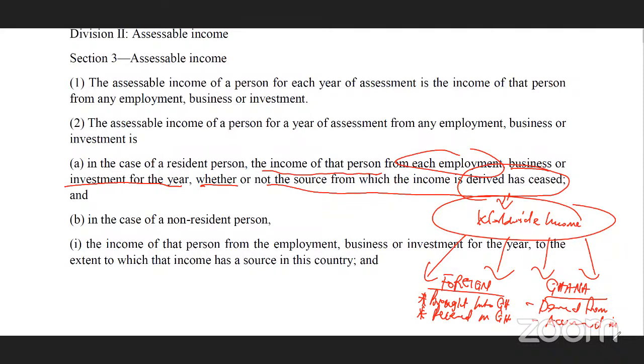We saw persons as partnership, trust, company, permanent establishment. But a permanent establishment can only be created when a non-resident has a business in Ghana. What did I say? A non-resident person with a business in Ghana. Yes. So it can only be created when a non-resident has a business in Ghana.